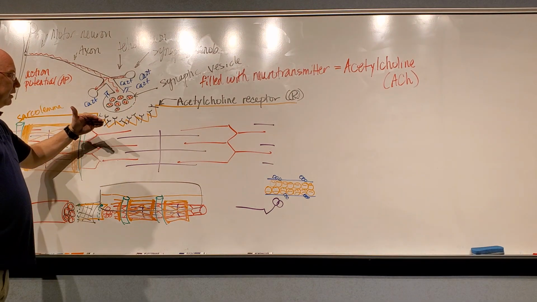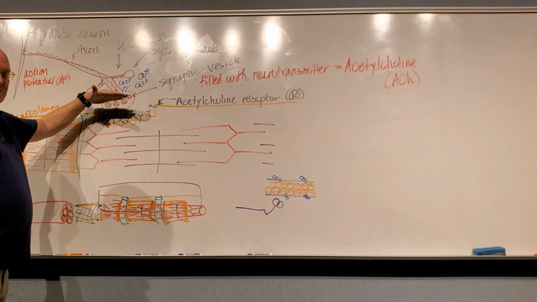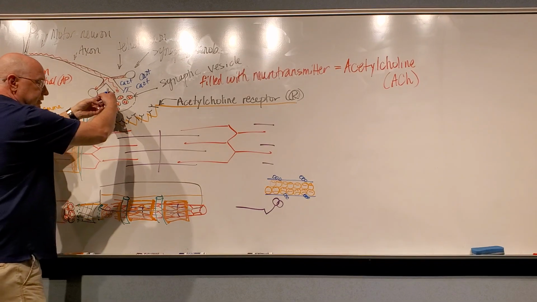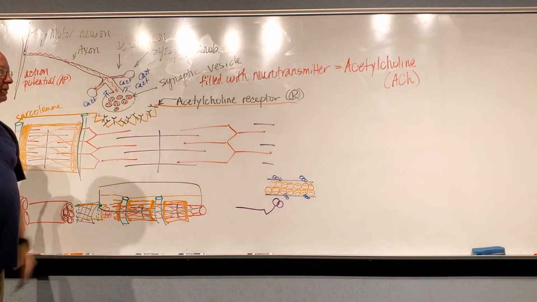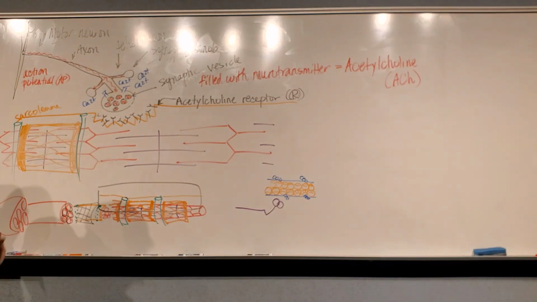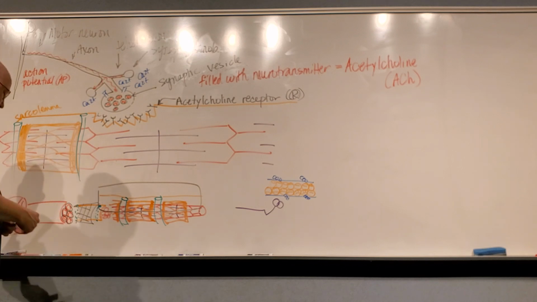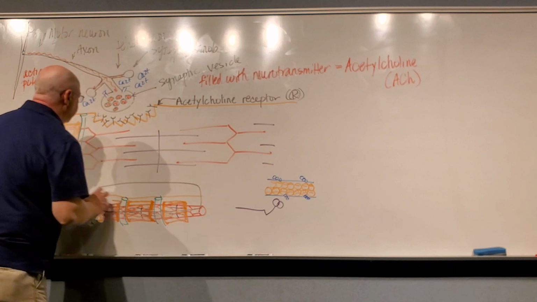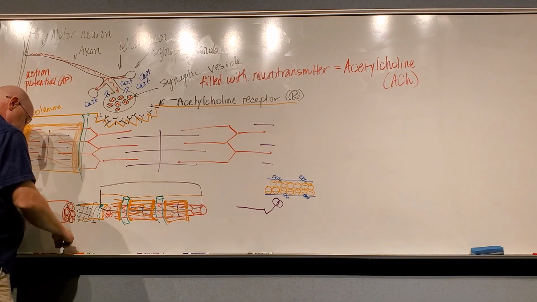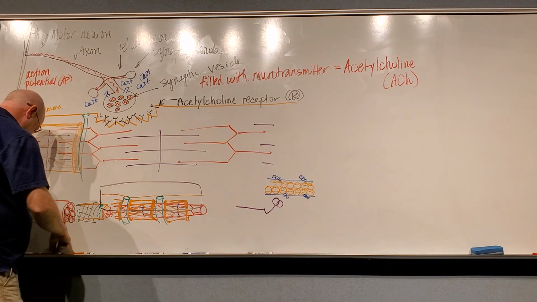Now, once the neurotransmitter is released into the synaptic cleft, it's going to diffuse out. It's got no choice but to bump into the acetylcholine receptors. And what I didn't draw for you a moment ago is this. The acetylcholine receptors are attached to another ion channel called a sodium ion channel.